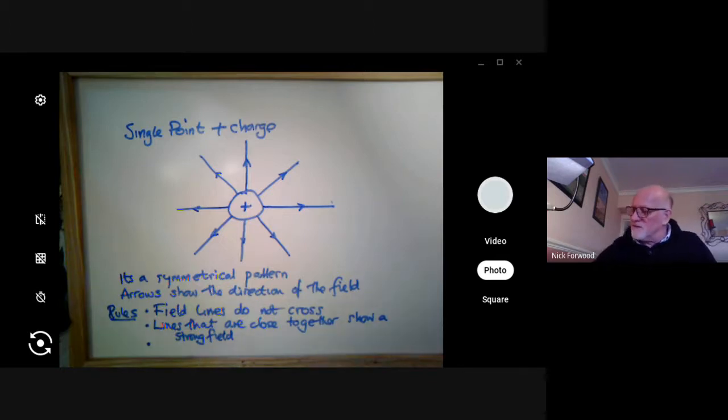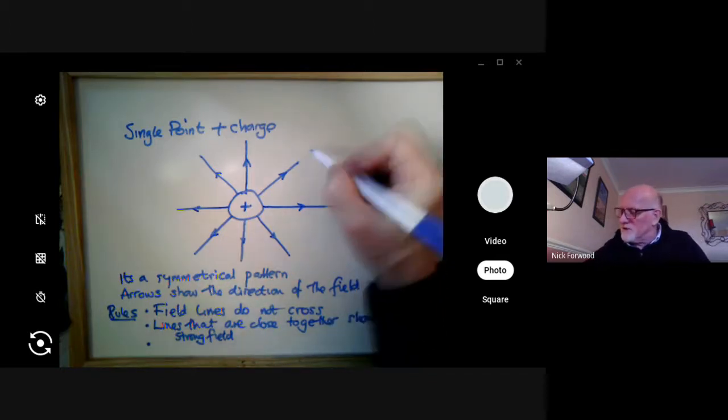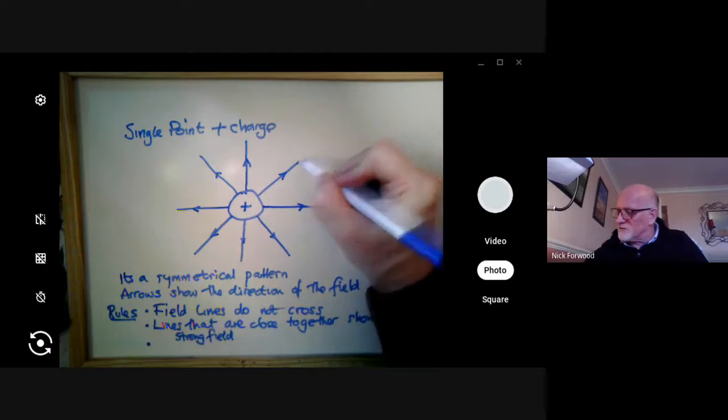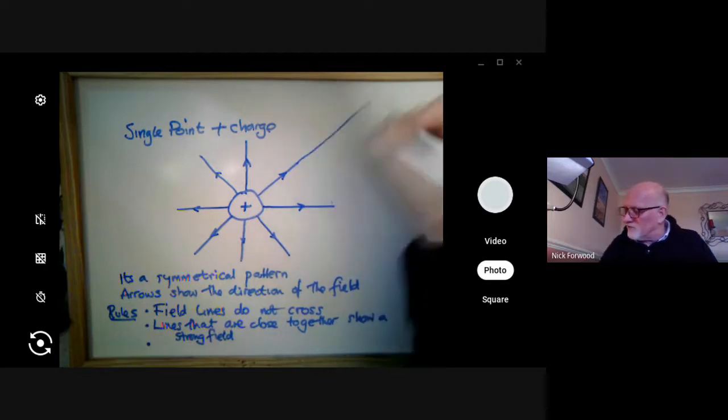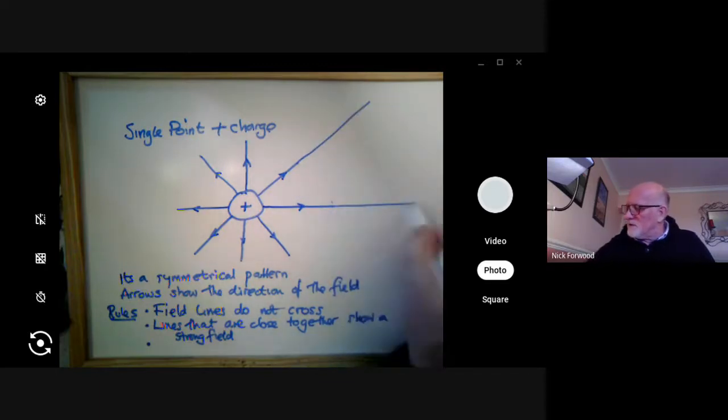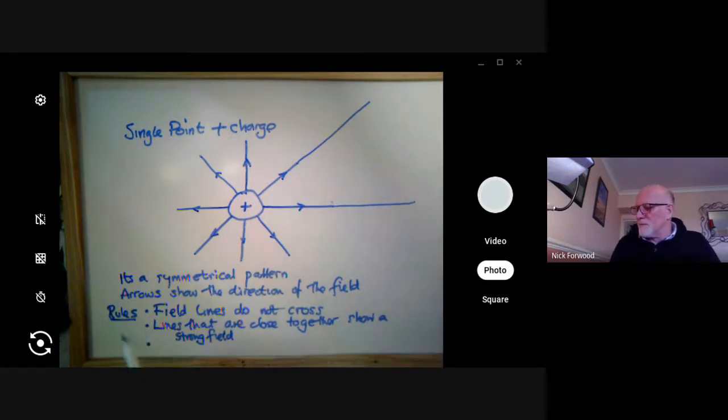Obviously if you keep on going right out here, these two field lines are very far apart, and so the field gets weaker with distance.